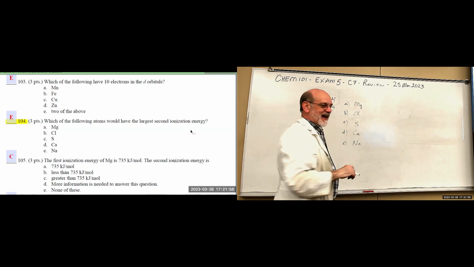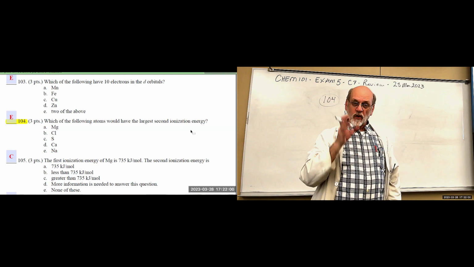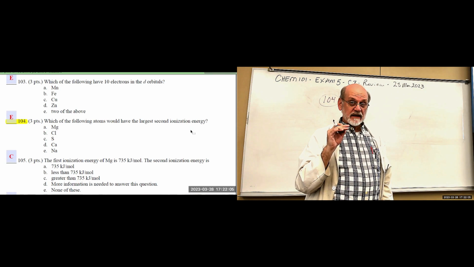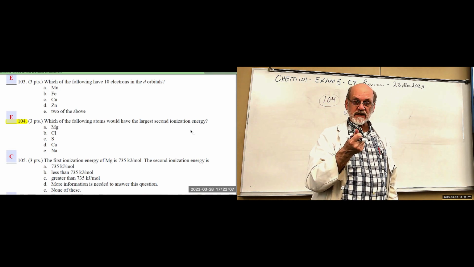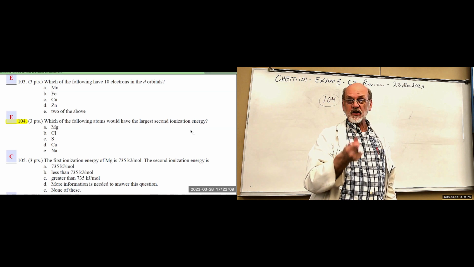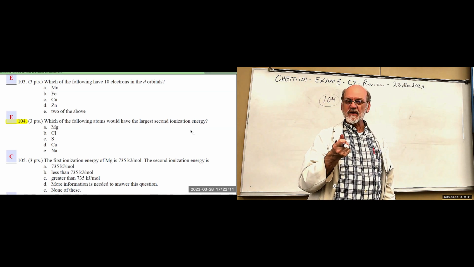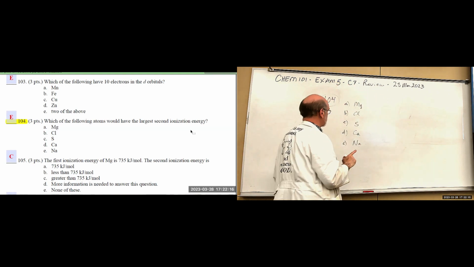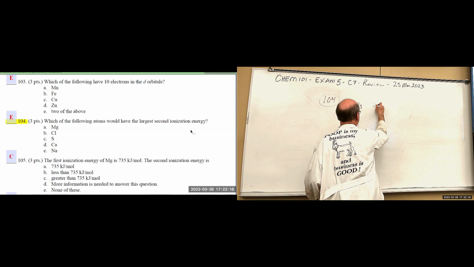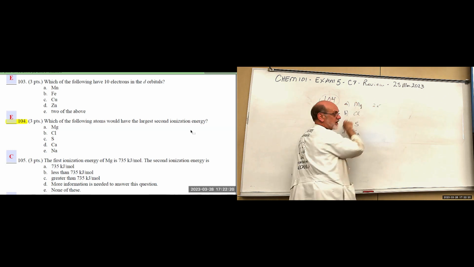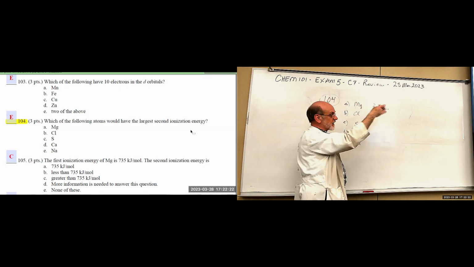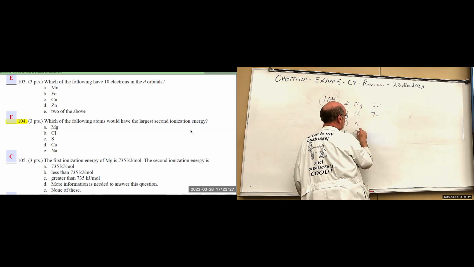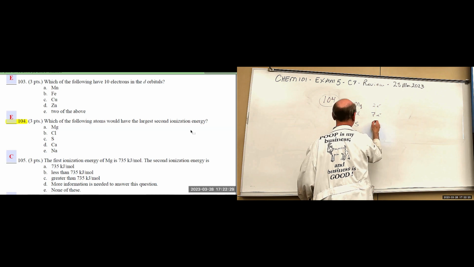All right, so second ionization energy. What we're looking at here is possibly the second ionization energy gets hold of an electron that's in the core. Do we have any there that only have one electron in the valence shell? Let's see, magnesium has 2 electrons in the valence shell. Why? Because it's an alkaline earth. It's in the second column. Chlorine has 7. Sulfur has 6.